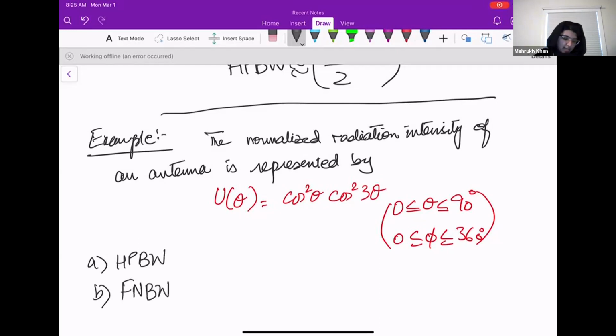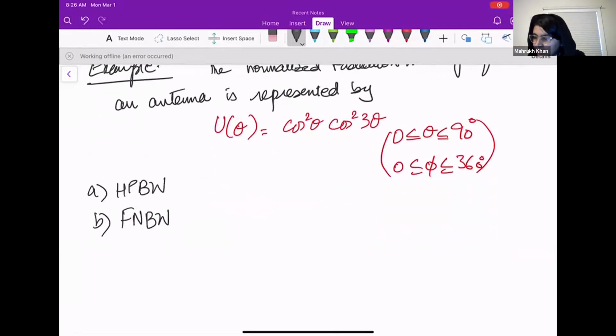When I'm saying that theta varies from 0 to 90, it means I am talking about only half of the portion, right? It doesn't matter if your radiation pattern is something like this, because it lies between 0 to 90 degrees.